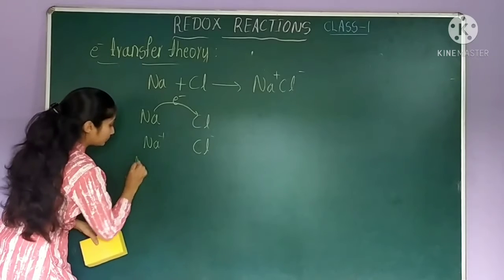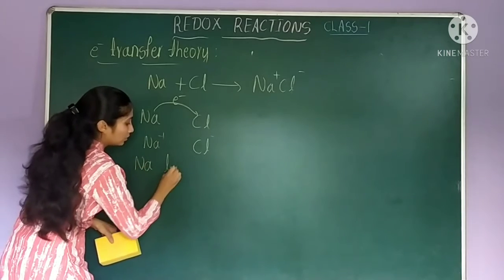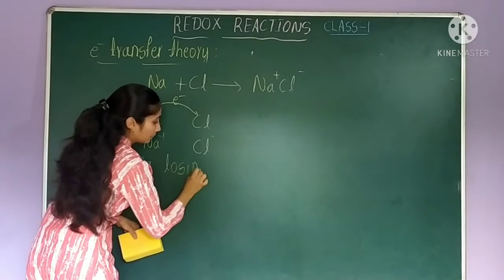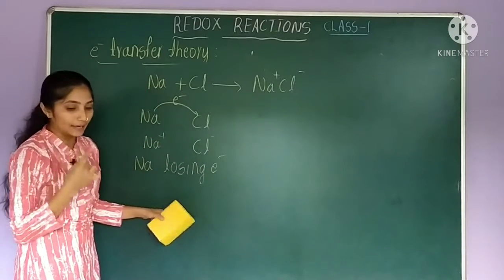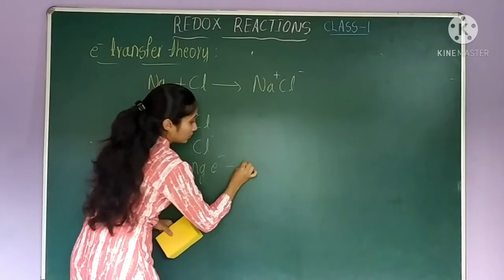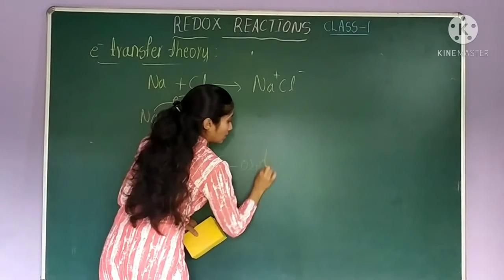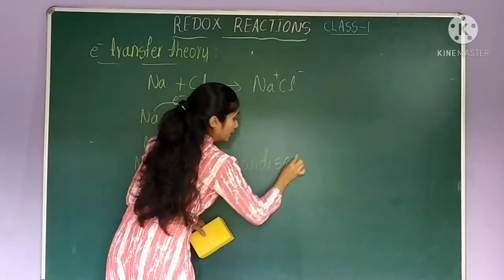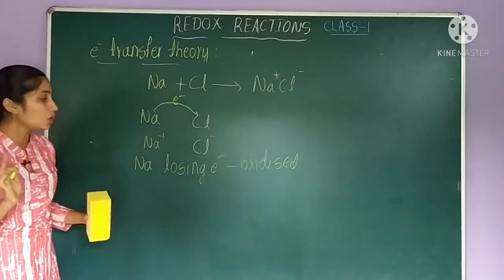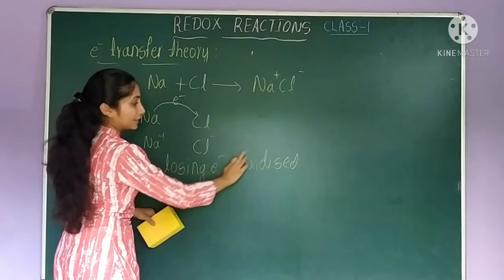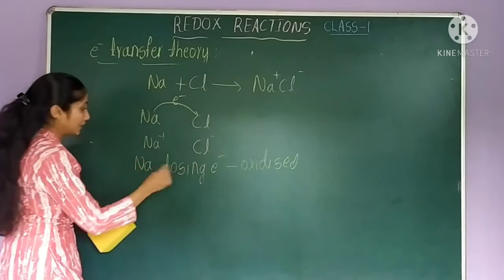Na is losing electron, so Na is said to be oxidized. Na is donating its electron to chlorine. Na is losing its electron and it is said to be oxidized.